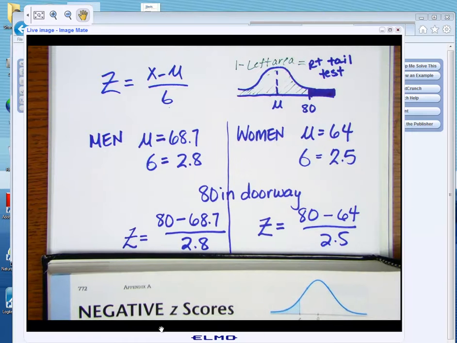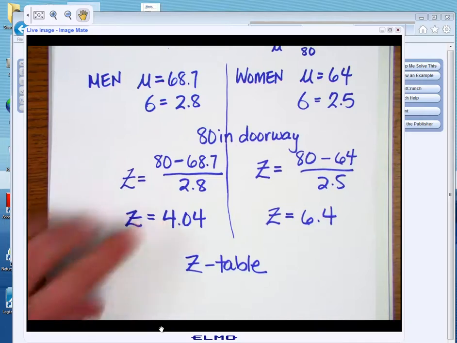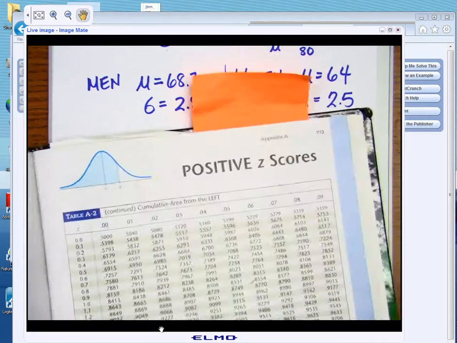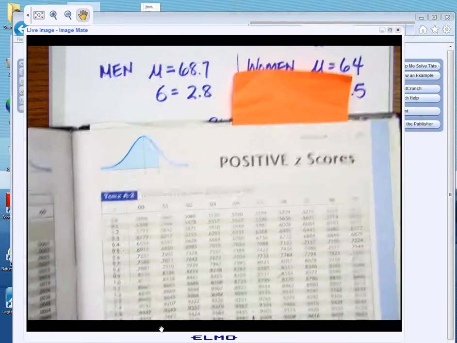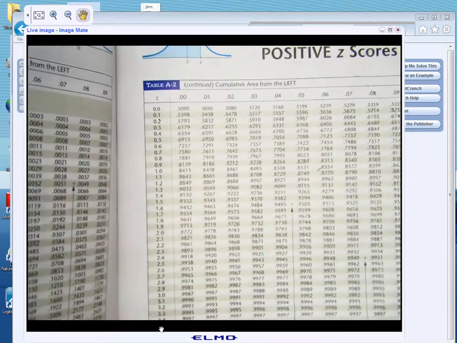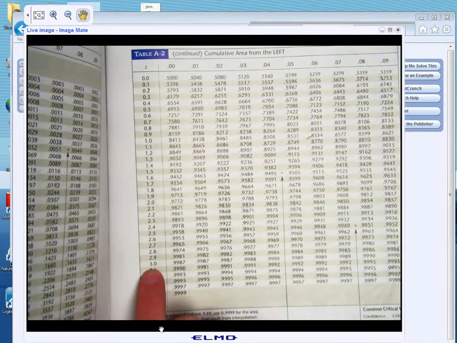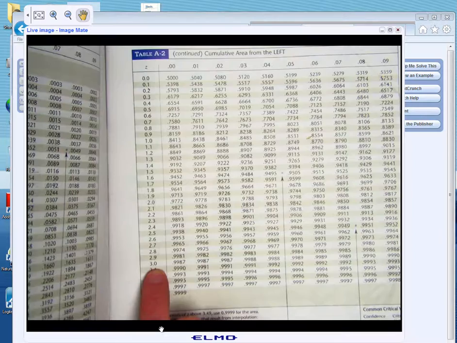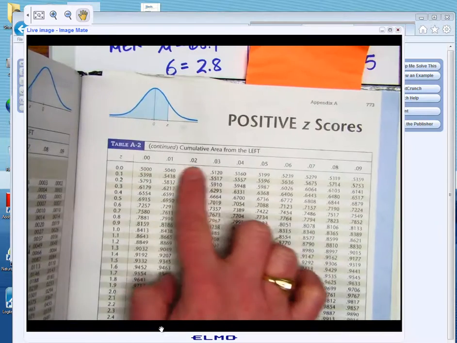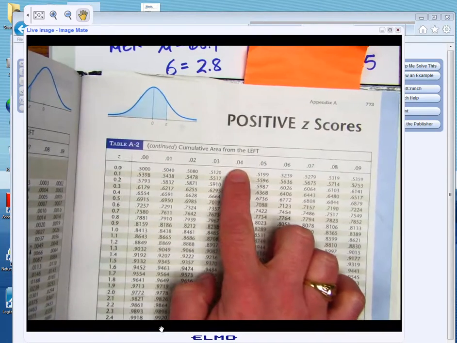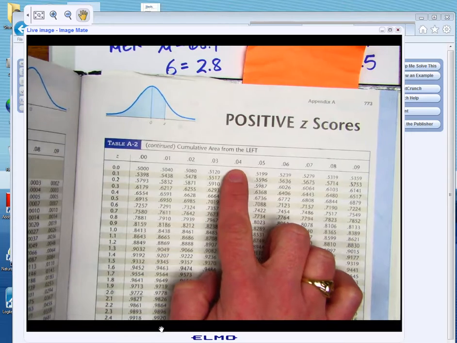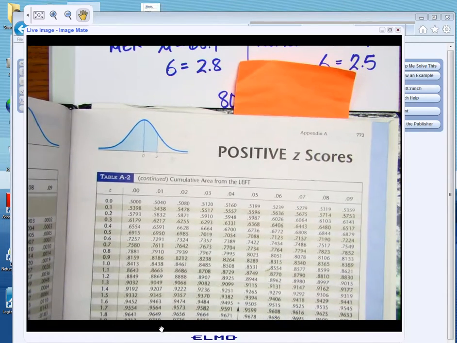So what I'm going to do is look up these values in the table, 4.04. I need to go to the positive side, right here. Down here I look up 4.0. This tells me my first number and my first decimal place, and across the top I find my second decimal place. For example, this is 4.04, so I would look down this column.